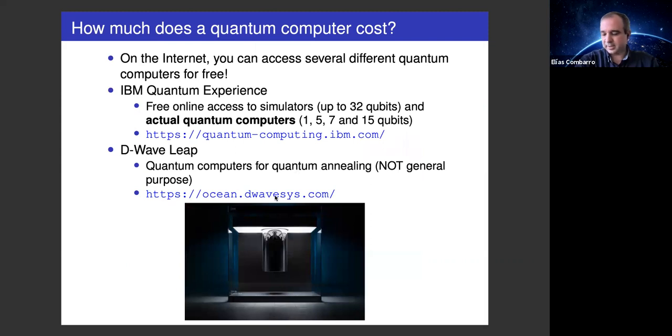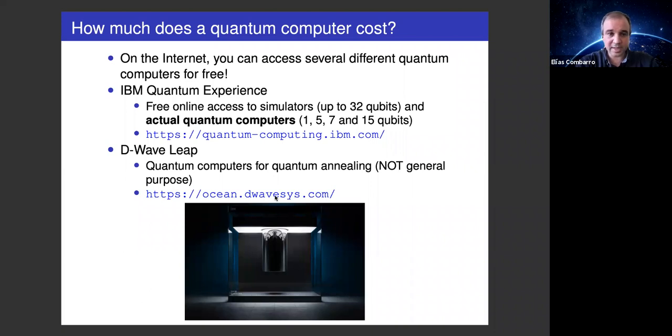You may think that working with these quantum computers is very expensive, and it's only possible if you work at one of these companies or at research laboratories that work with these quantum devices. But since 3 or 4 years ago, we have the opportunity of interacting with some of these quantum computers for free.